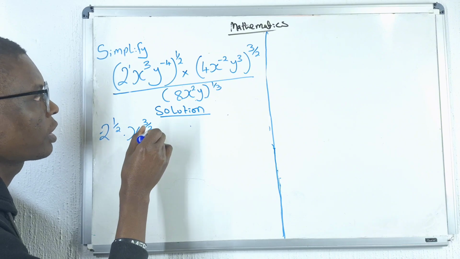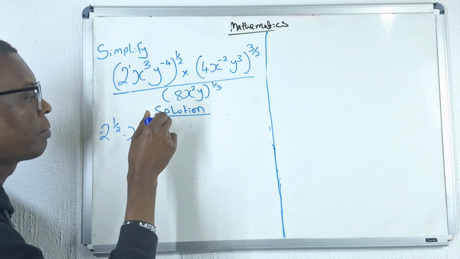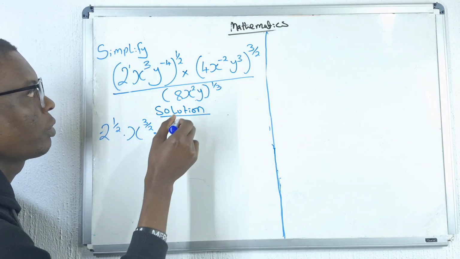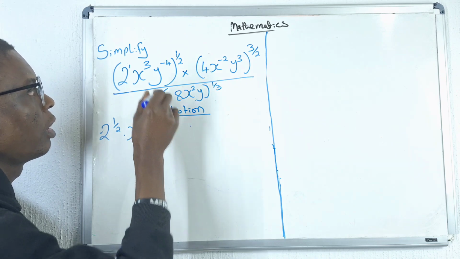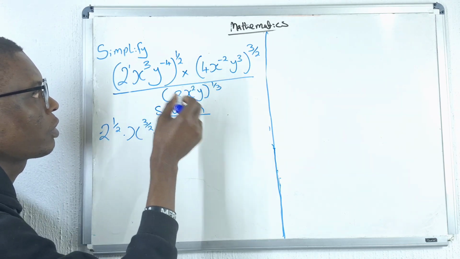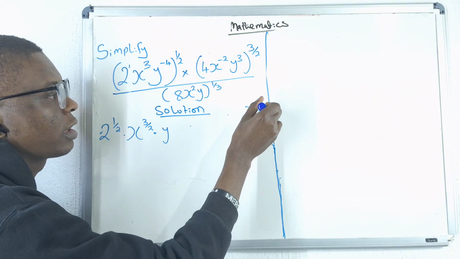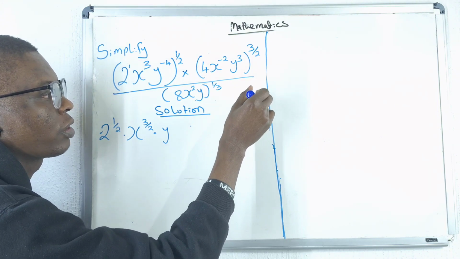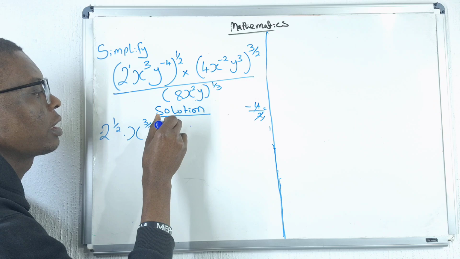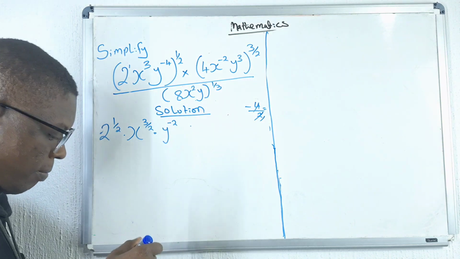This dot here means multiplication. Minus 4 times 1 is minus 4 over 2, so I will have y to the minus 4 over 2, and minus 4 over 2 is the same thing as minus 2.